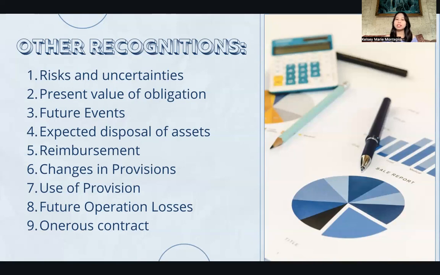Number 4, the expected disposal of assets. Number 5, reimbursement. Number 6, the change in provisions. Number 7, the use of provisions. Number 8, future operating losses. And lastly, number 9 is the onerous contract.